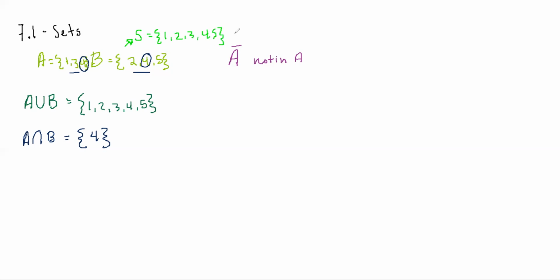We're not really going on to 6, 7, 8, 9, 10 here. Then everything not in A is going to be 2 and 5, because those are the things that are not inside of the set that is A. Okay.